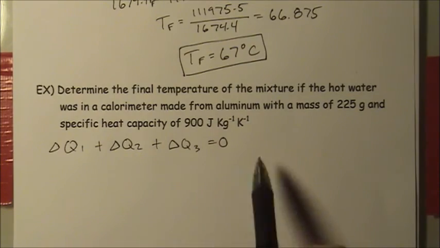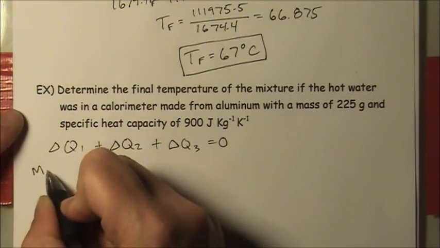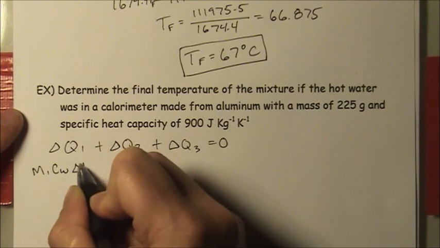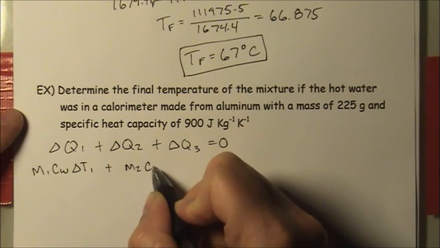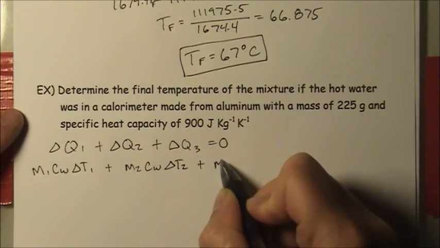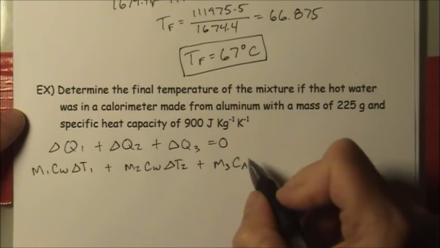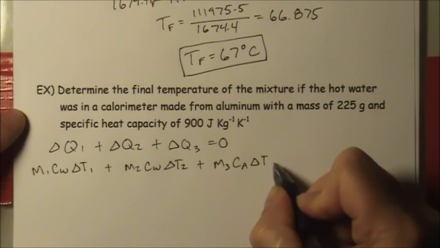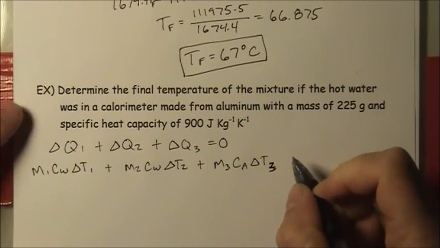So much of the calculation is exactly the same as it was in the previous part. So we have M1 CW delta T1 plus M2 CW delta T2 plus this new substance, M3 CA for aluminum, times delta T3.